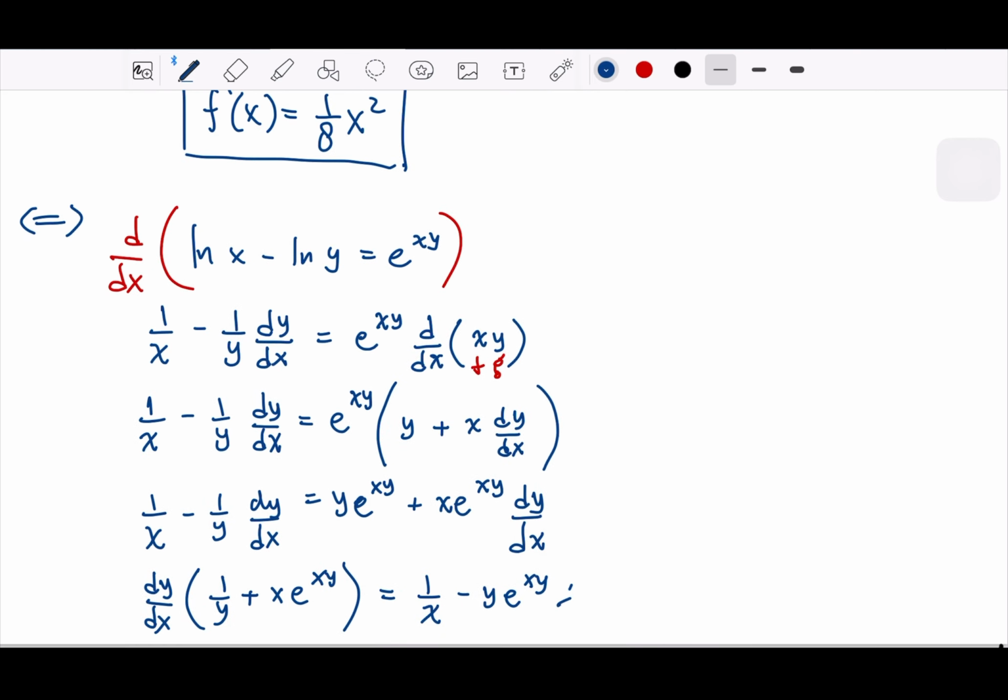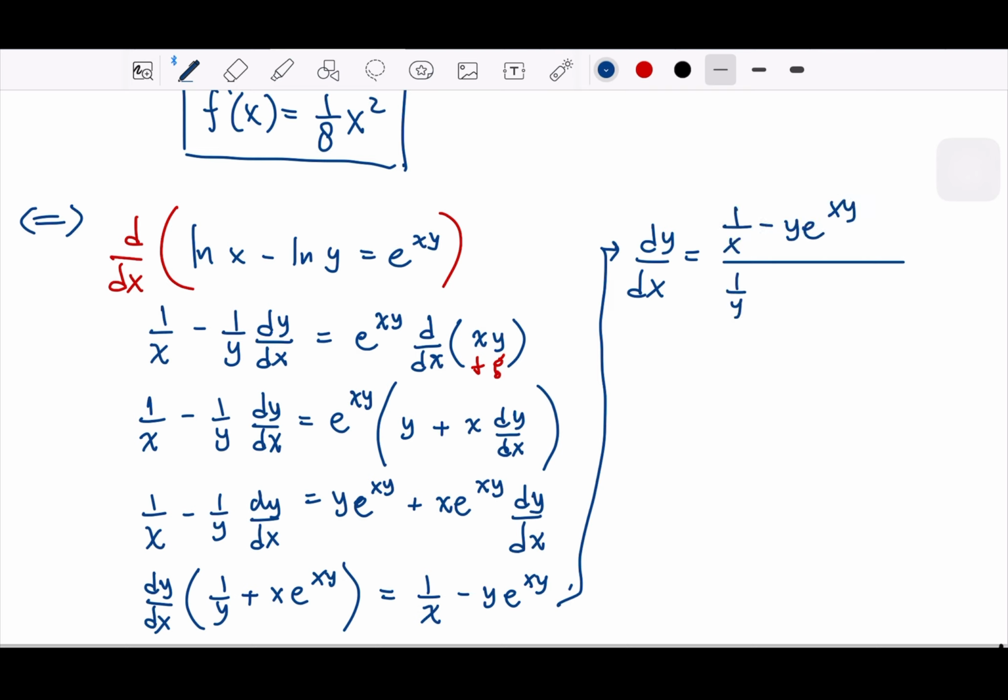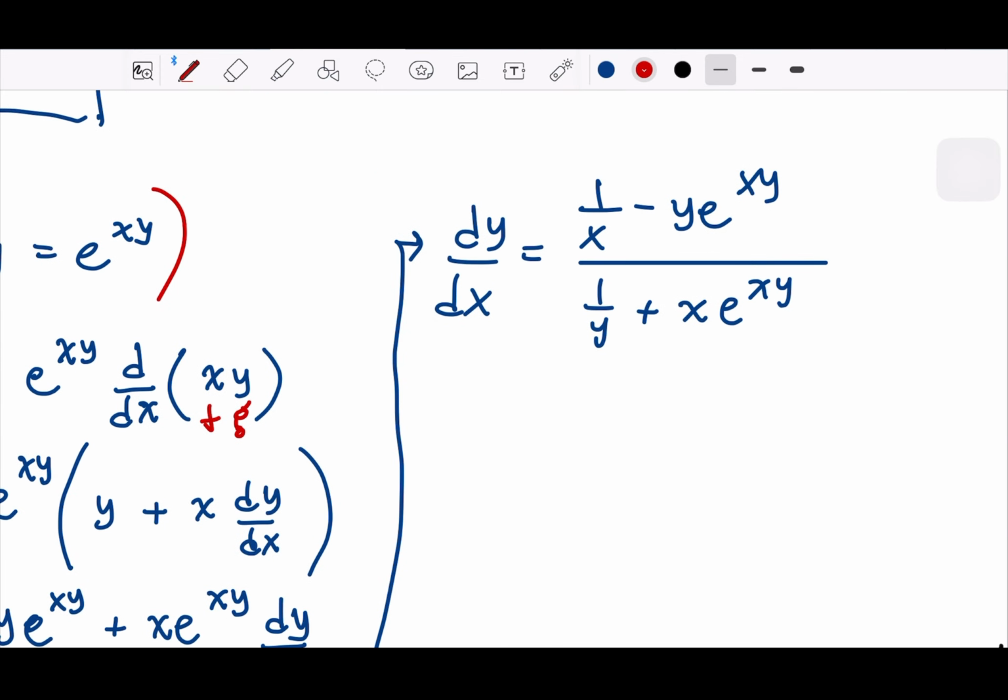And then dy over dx is equal to this. The rest of the solution is just simplifying the forms. You can stop here, or you could simplify it again to get a cleaner form.